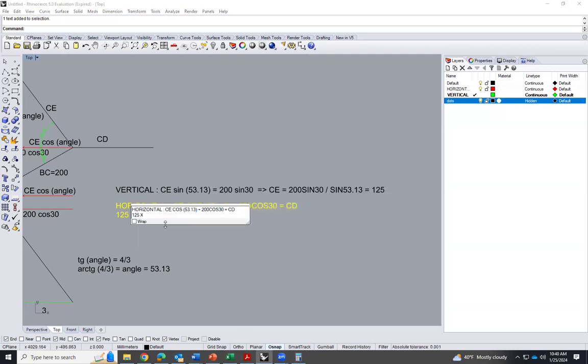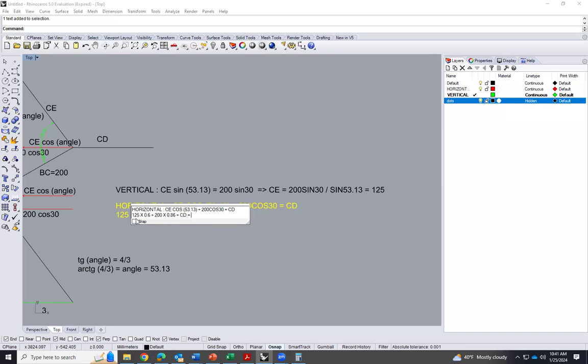So that will be 125 times 0.6 plus 200 cosine 30, we know that cosine 30 is 0.86, equals CD.